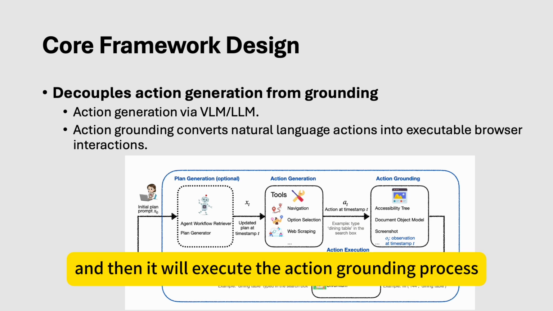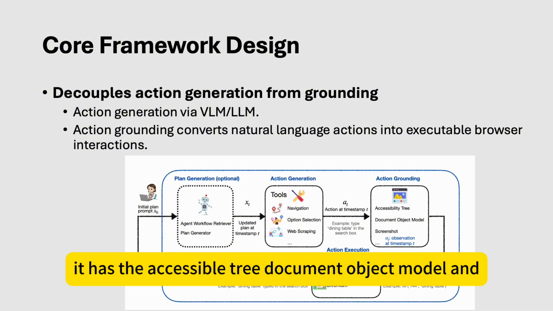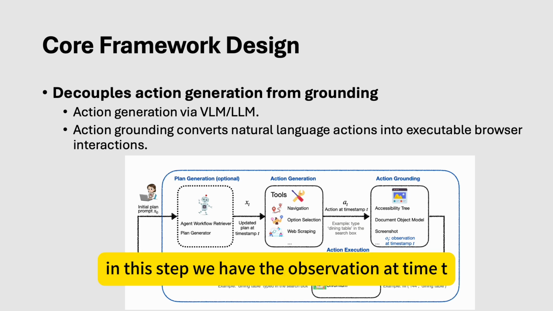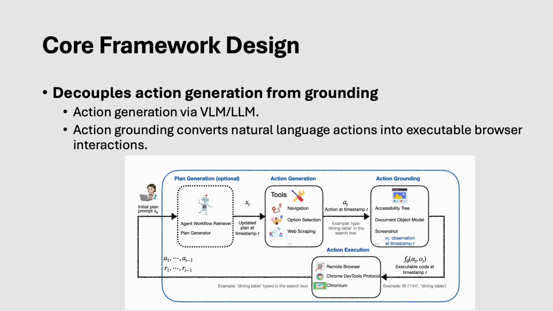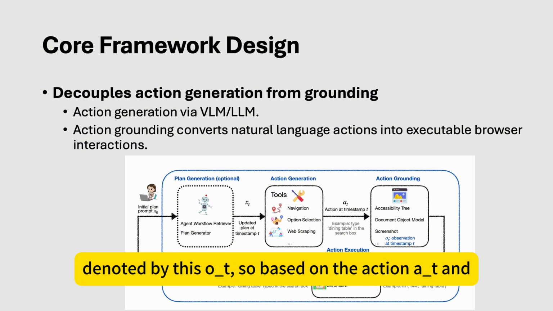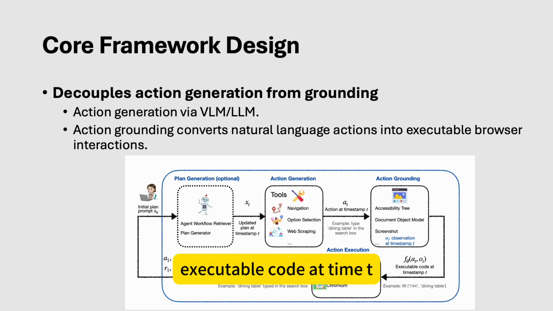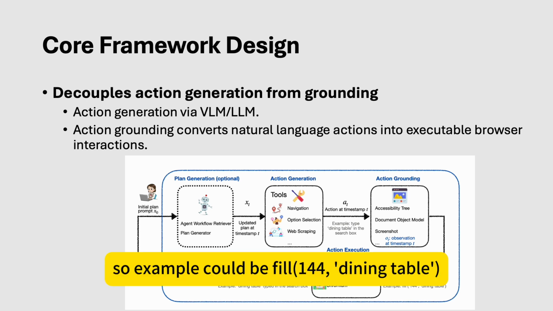And then, we execute the action grounding process, which uses the accessibility tree, document object model, and screenshots. In this step, we have the observation at time t, denoted by O_t. So based on the action A_t and observation O_t, we generate executable code at time t. The example could be fill 'dining table' for the search box.